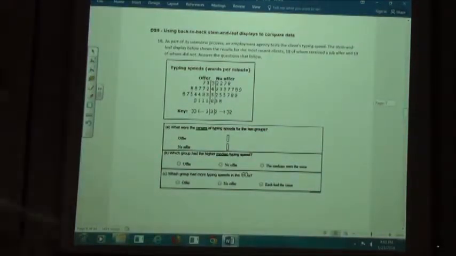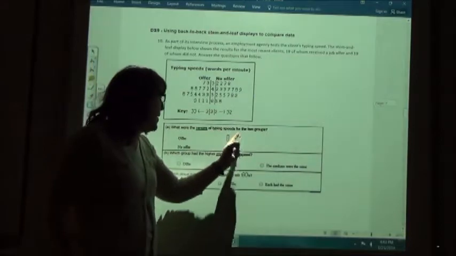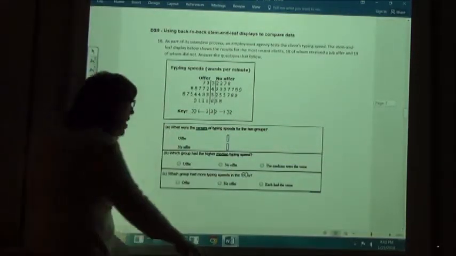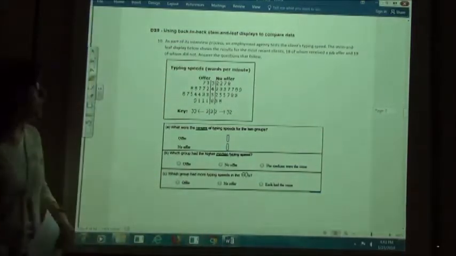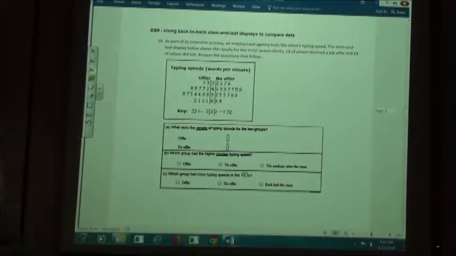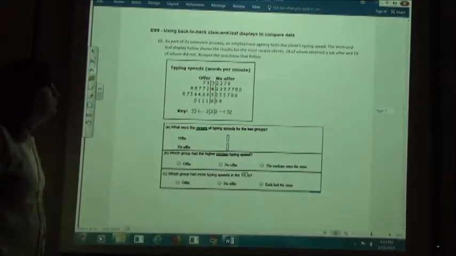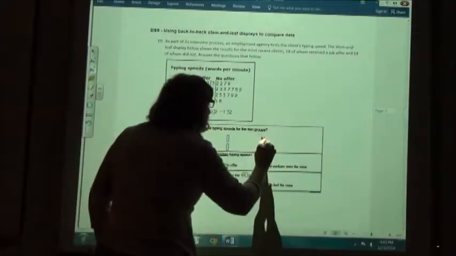So, what were the ranges of typing speeds for the two groups? For my offer, the minimum value is, what's my lowest value for my offer? 33.